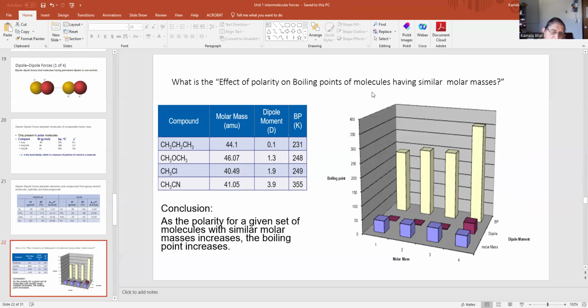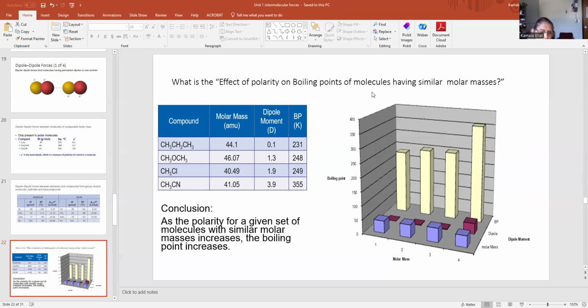Ether, CH3OCH3, is 46.07, the dipole is 1.3, and 248. Methyl chloride, 40.49, 1.9, and we have 249.